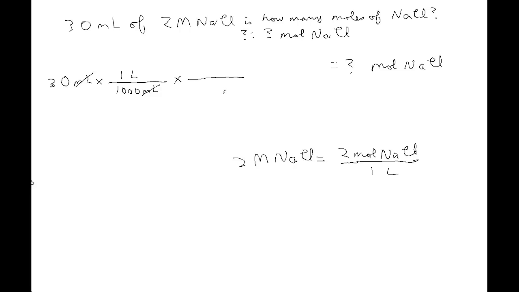So then we can put 2 moles over 1 liter on the top. What would you put? 2 moles of NaCl. Yeah, and what would you put on the bottom? 1 liter. Right. And then what?